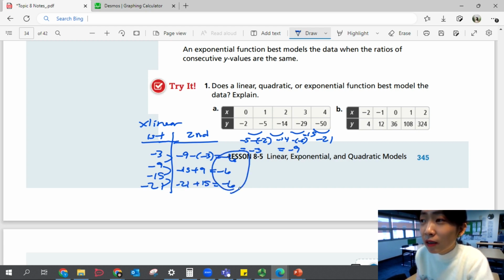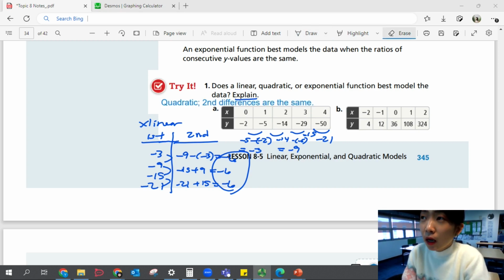So yes, the second differences are the same. So this data set is best modeled by a quadratic function. And we want to explain, so let's say the second differences are the same. So part A is quadratic, and it's because the second differences are the same.